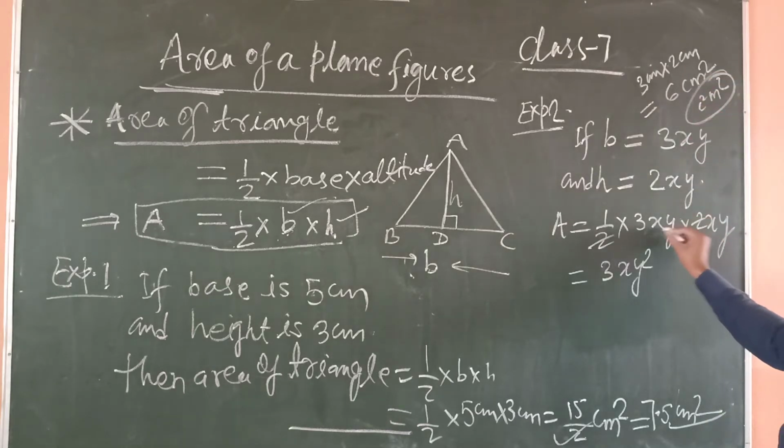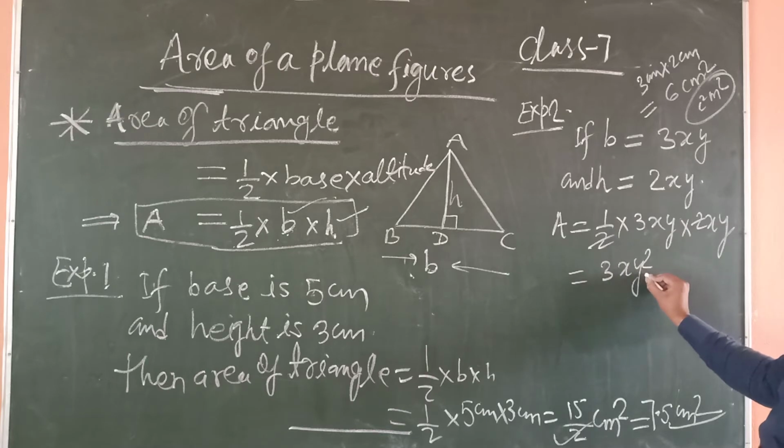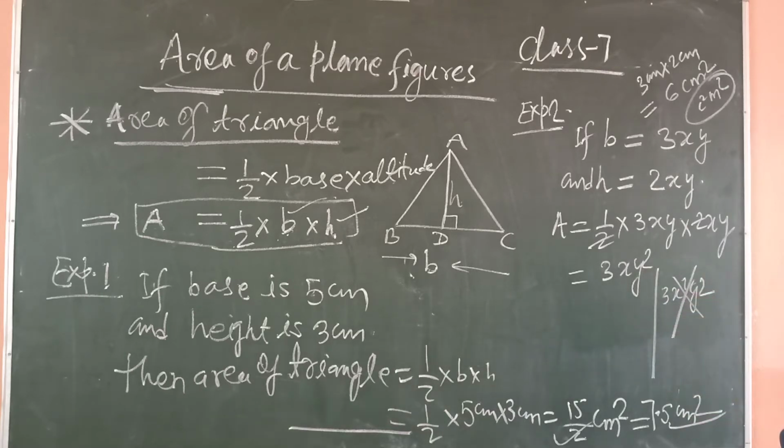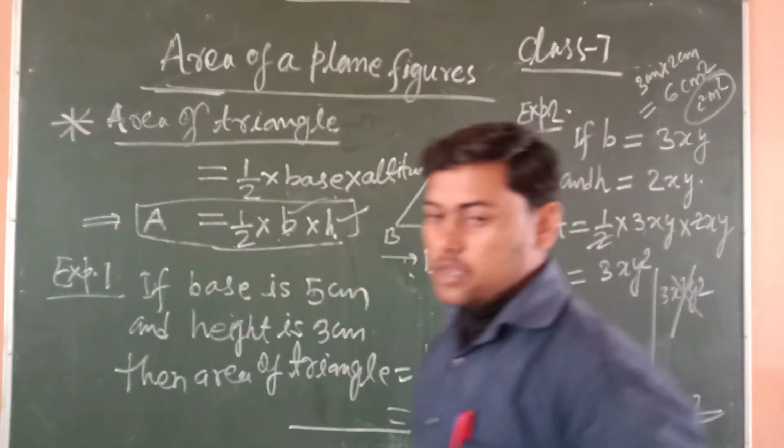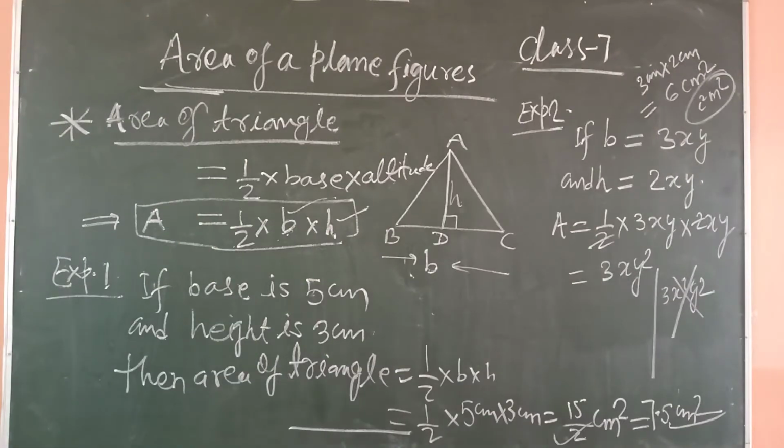Similarly xy into xy is xy square. If you write 3x square y square, it will be wrong, because there is no discussion about x and y. So consider xy as a unit.